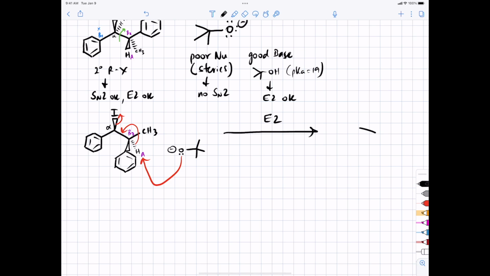So in the product, the benzene rings have to be on the same side. In other words, this is the only elimination product that we can observe.